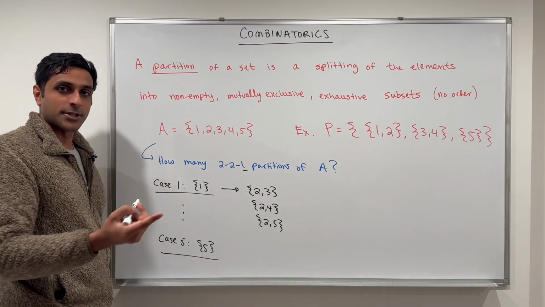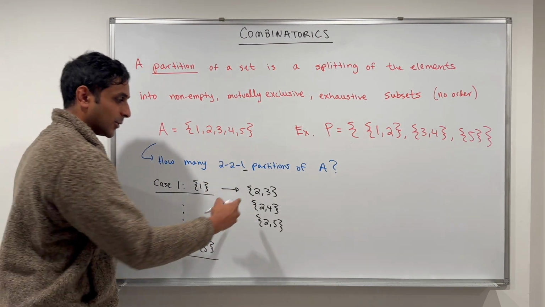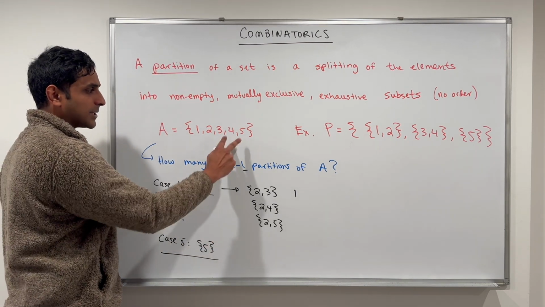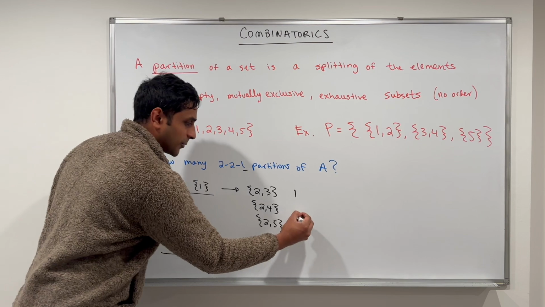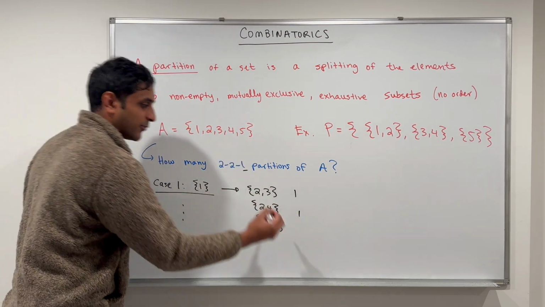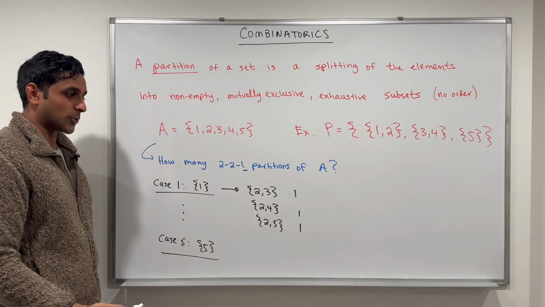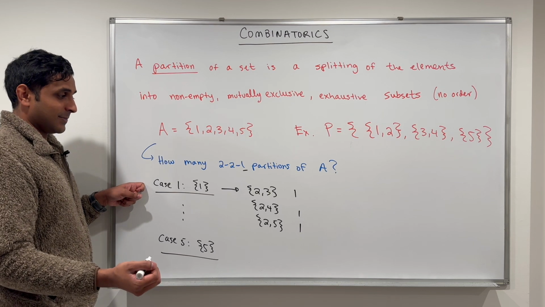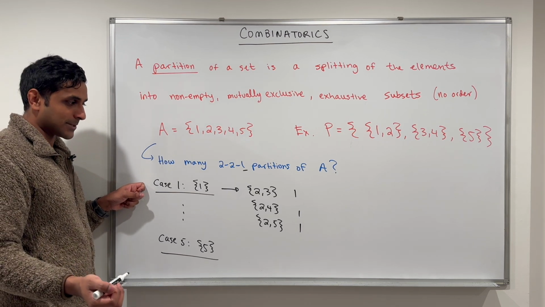So there's only one partition that leads to, right? So that's only one partition there. If 2 is with 4, well, that means 3 is with 5, and that's also only one partition in that situation. And if 2 is with 5, well, that means 3 is with 4, and that's also only one partition in that situation. So that means all of case 1 actually only has 3 partitions, or 3 outcomes.